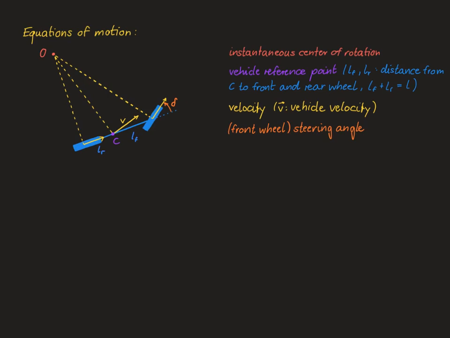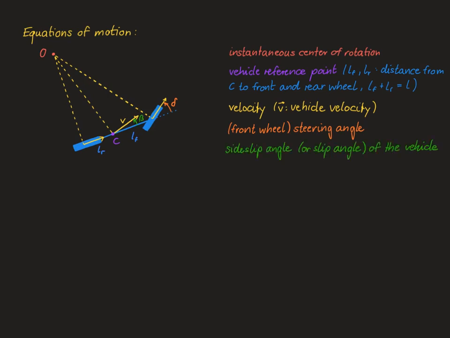By the fact that the kinematic bicycle model at this time instance is rotating around the point O, we have that the velocity vectors at the rear wheel and at the front wheel are perpendicular to the connection to O. And also we can draw the line between O and the reference point C, and then the velocity vector at the reference point, so the vehicle velocity by definition, is perpendicular to the line OC.